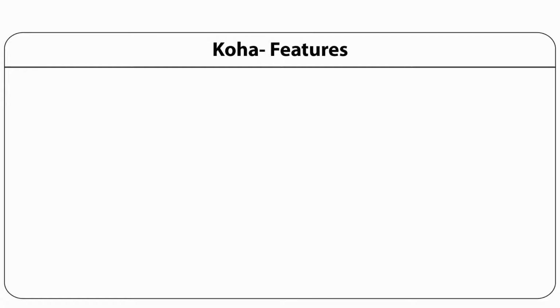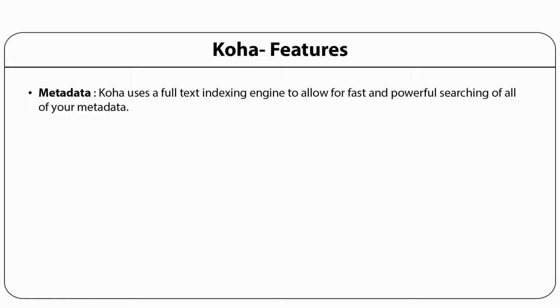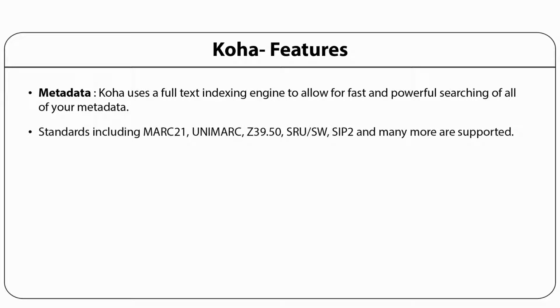Some other features of Koha include a full text indexing engine to allow fast and powerful searching of all metadata, and use of standards including MARC 21, UNIMARC, Z39.50, SRU/SRW, SIP2, and many more.